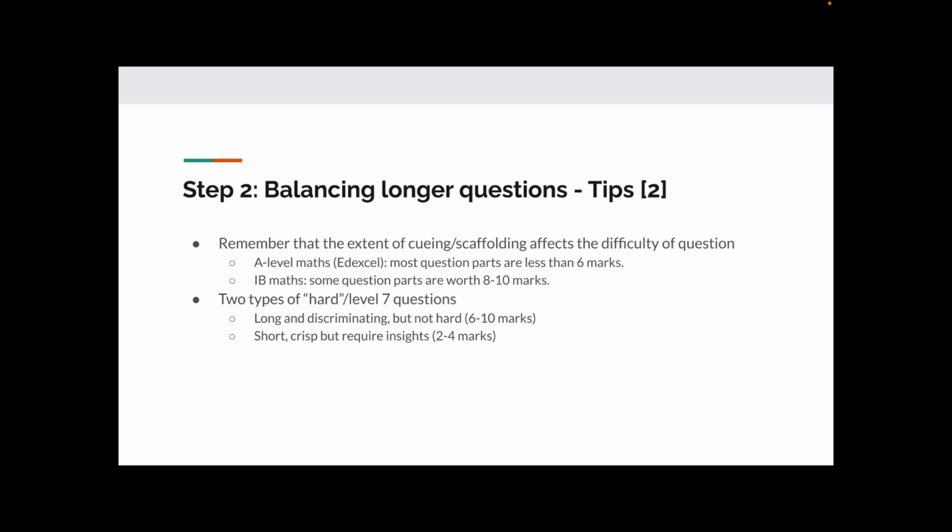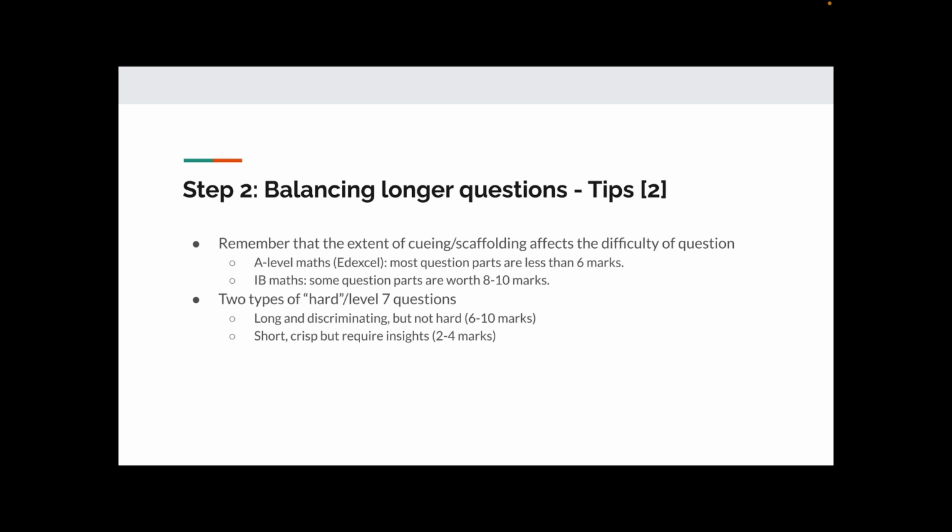So please keep that in mind when you're breaking up a long solution or a long question. Typically, the difficulty of a question increases as the student works through. So just remind yourself of the incline of the difficulty curve that I showed earlier.